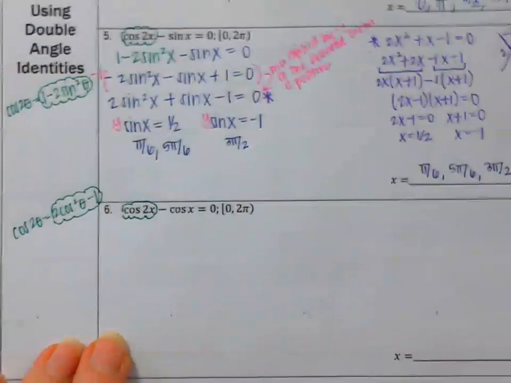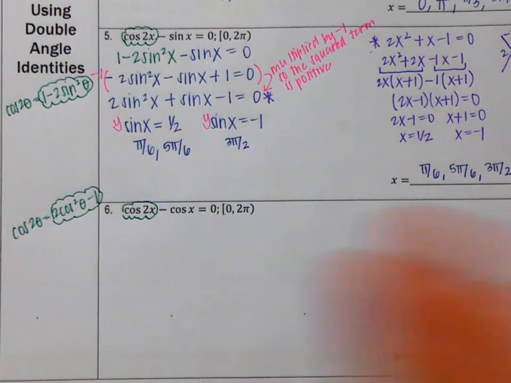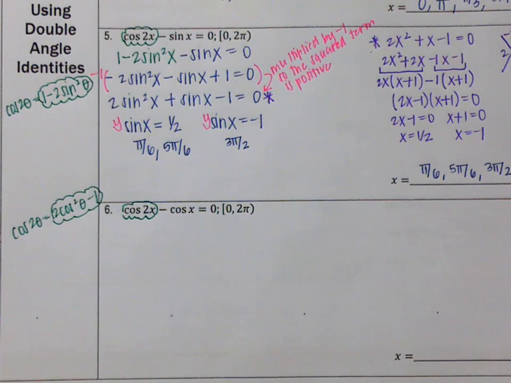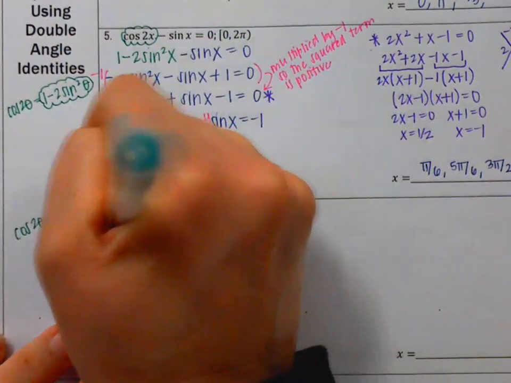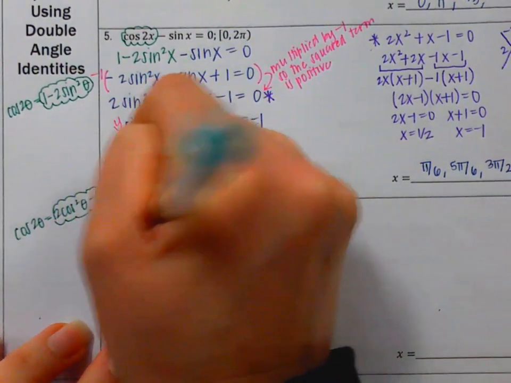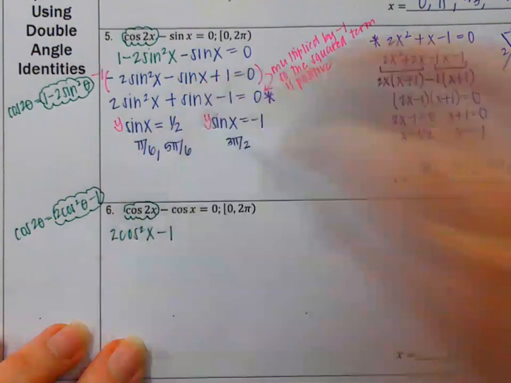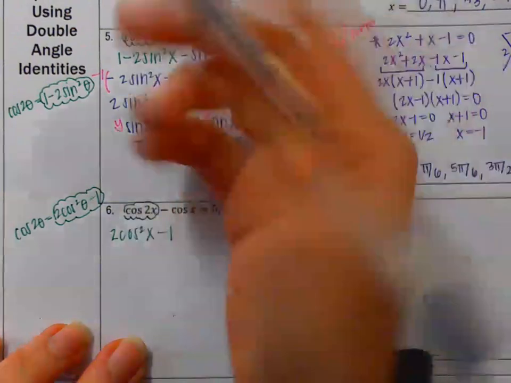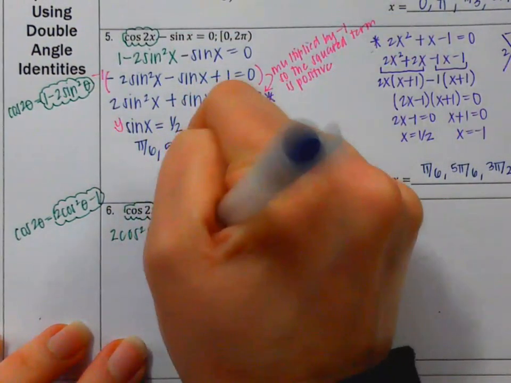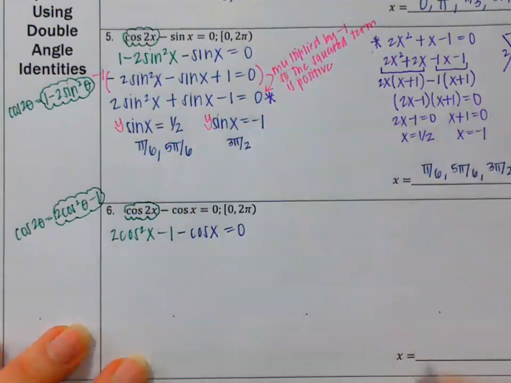Now I should have said this before, but if you guys want to try this one on your own, it's really similar to 5. So go ahead, pause me, try it on your own. Okay, so that would be 2 cosine squared x minus 1, and then the rest stays as is. Minus cosine x equals 0.